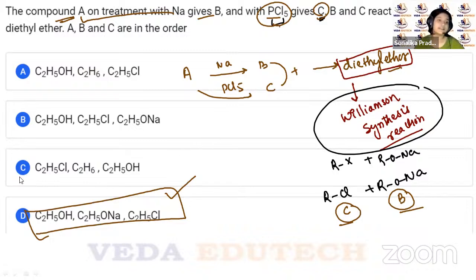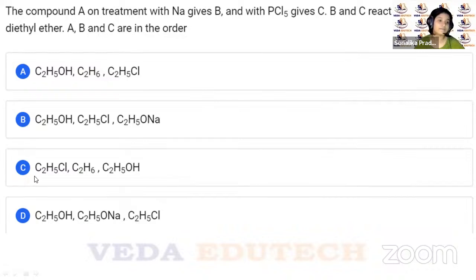Because I'll discuss again, this was how you could have done roughly. If you wanted to check whether it's correct or not, you know that we are going to get RCl when we treat PCl5 with alcohol, ROH, right? Okay. So now let us see whether it comes out that way or not.